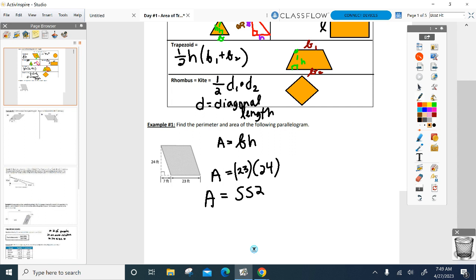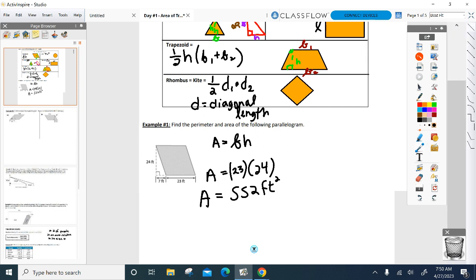Did I put perimeter too? Yeah, I did say find the perimeter and area. Okay. And again, if you are going to put units, because it's area, the units are squared. But you guys know how I feel all year long. If you have units, fine. If not, that's not something I'm going to fight you with.